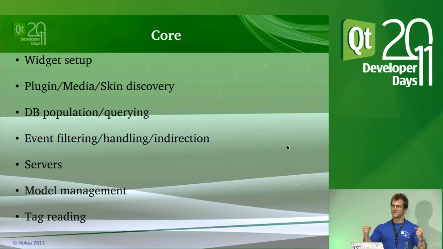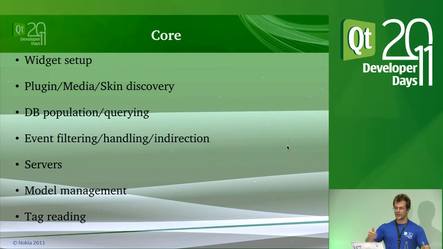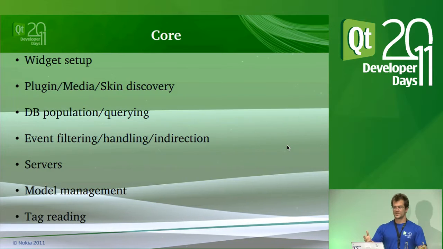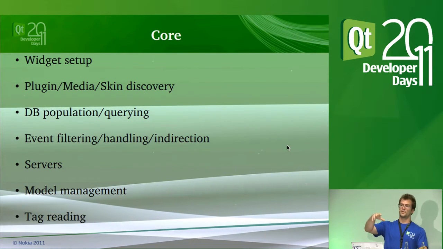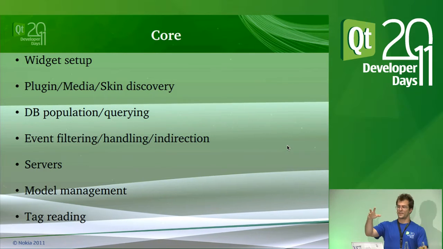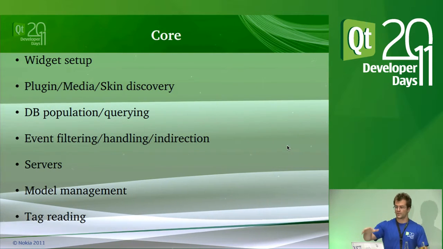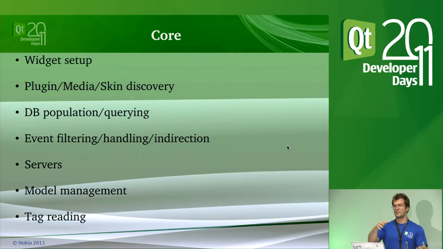In the core C++ runtime, we do all the things you kind of expect. We do things like widget setup, creating the QtQuick view, setting a GL viewport on it, things that hopefully are very familiar to all of you, but many people get tripped up by this.